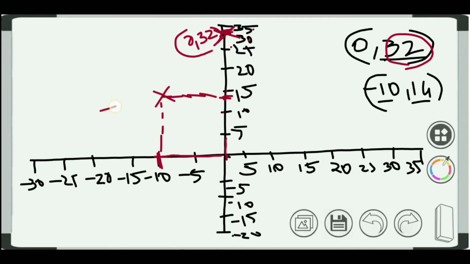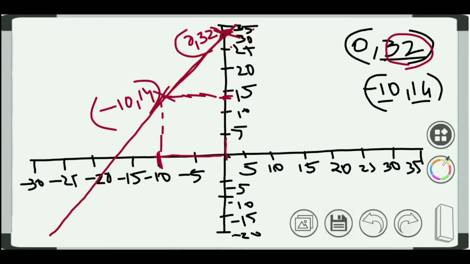This is your point, minus 10, 14. Now you can join those points. This will be the line. This is your graph. So first sub question is done. Come to the second one.